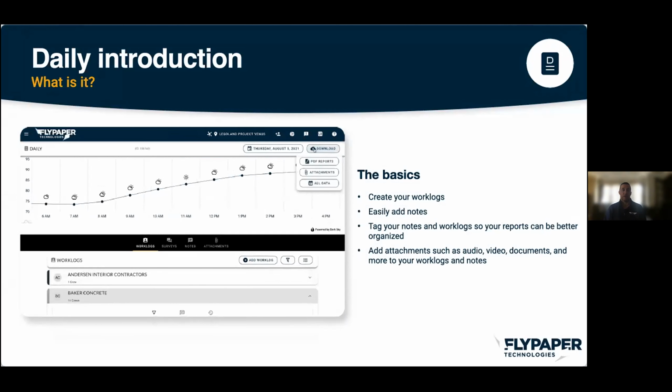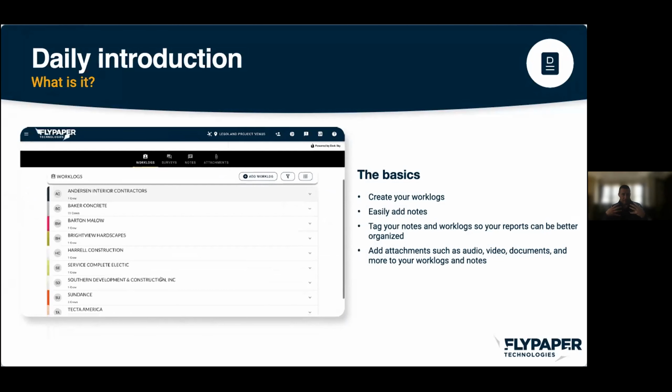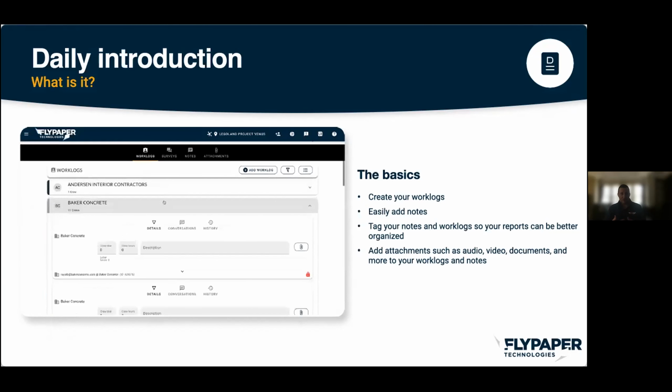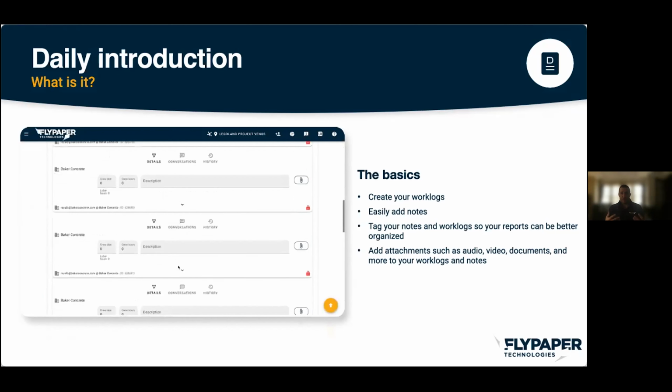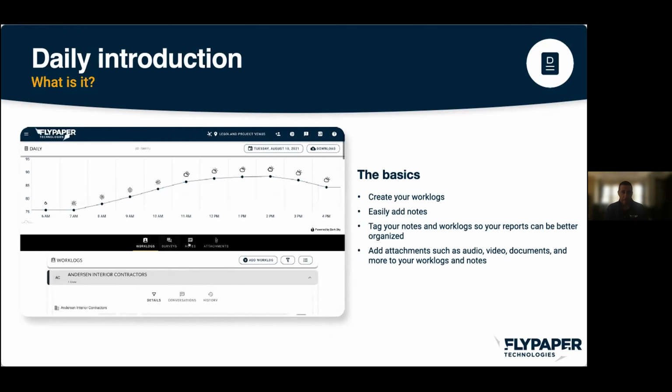And we wanted to get in on that because we had a few ideas and a few ways to make even the ability to add your work logs easier, make it cross-device and cross-platform, things like that. So we decided to make Flypaper Daily.